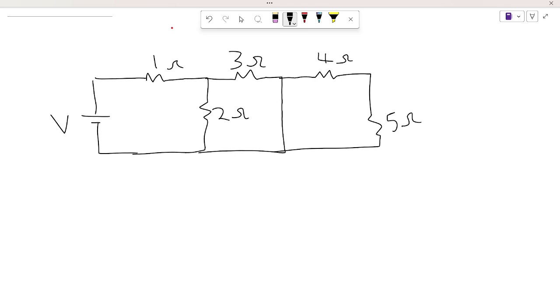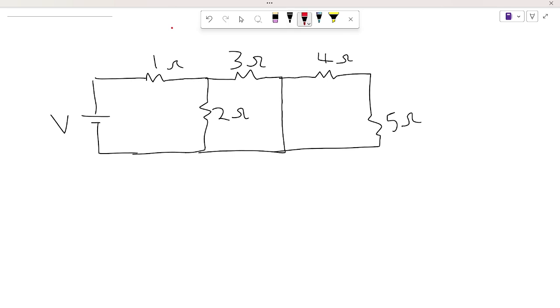For this question, we were asked to find the effective resistance of the circuit. One concept I didn't mention earlier was the concept of short circuiting. When we say a circuit or a part of the circuit has been short circuited, we mean that a path of least resistance has been created in the circuit.